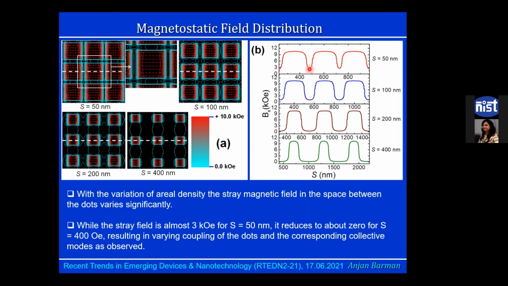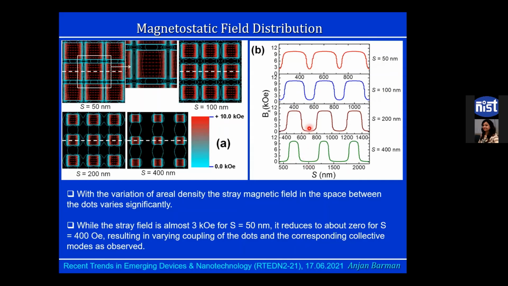And you can see that here, for 50 nanometer, the field value is of the order of 3 kilooersted. So even though there is air in between, the field line is giving rise to a field value of 3 kilooersted, which is very high. The applied field is only about 1 kilooersted, so it's much higher than the applied field. And as we go to 100 nanometer and higher, this field value reduces drastically and goes down to nearly 0.